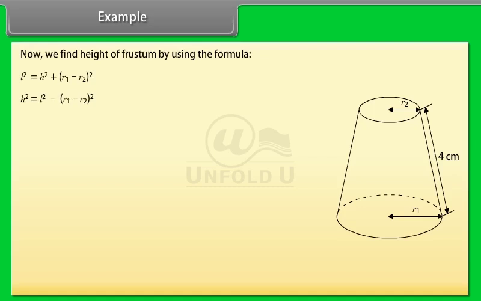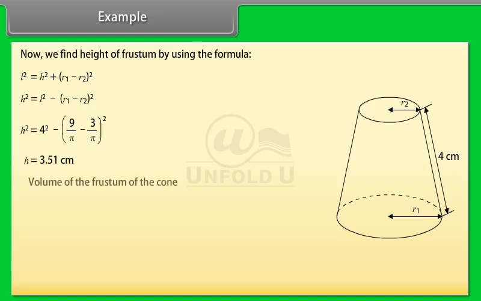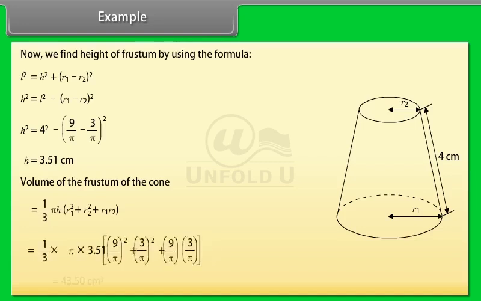H square equals L square minus R1 minus R2 square. By substituting the values we get h equals 3.51 centimeter. Volume of the frustum of the cone, by substituting the values, is equal to 43.50 centimeter cube.